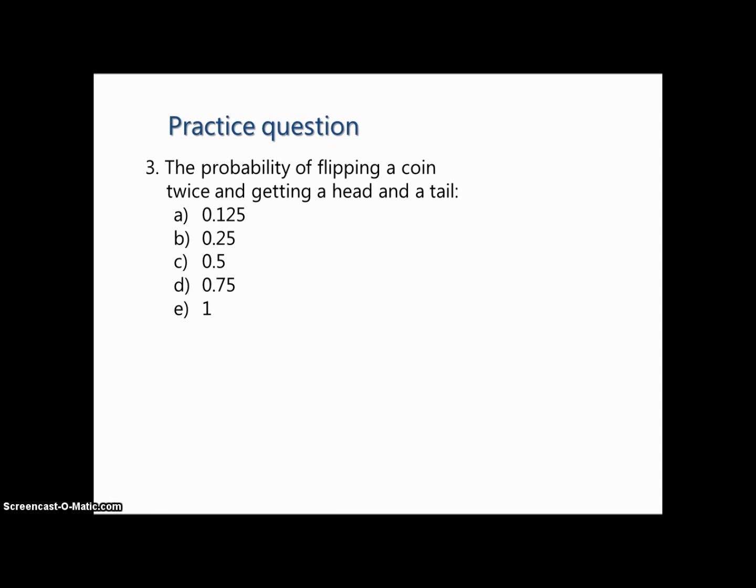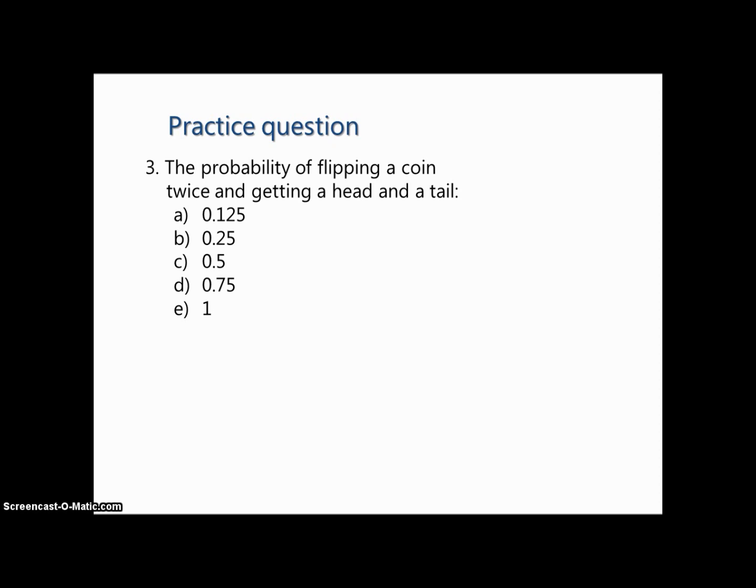Because you're flipping a coin twice, you're getting 2 alleles, a head and a tail, a big A and a little a. The probability of getting a head is 0.5, and the probability of getting a tail is 0.5. So that's 0.125.